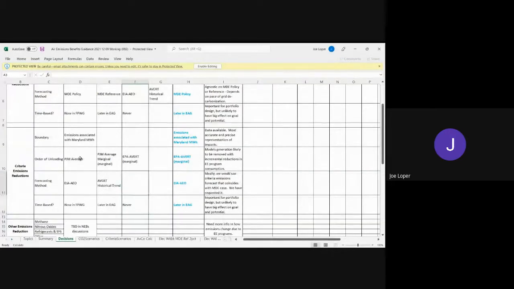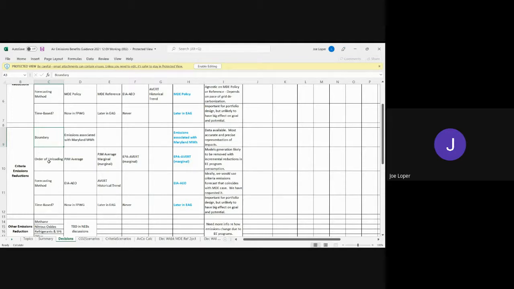Criteria emissions reductions. Our decisions we need to make: our boundary. I get the same response here as I do for GHG. We have good data on the emissions coming from generation plants that are providing electricity to Maryland consumers, and so we should use that.